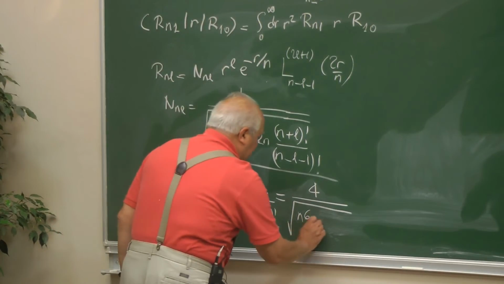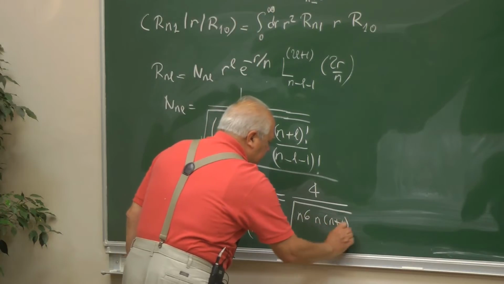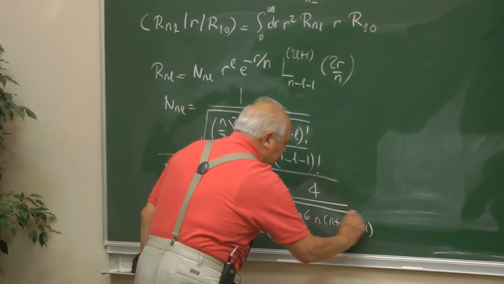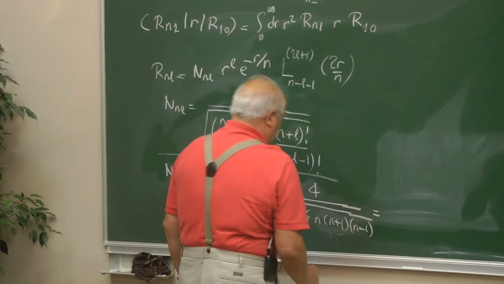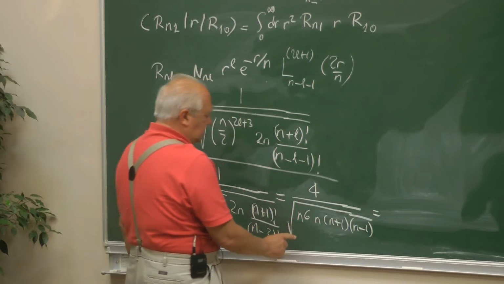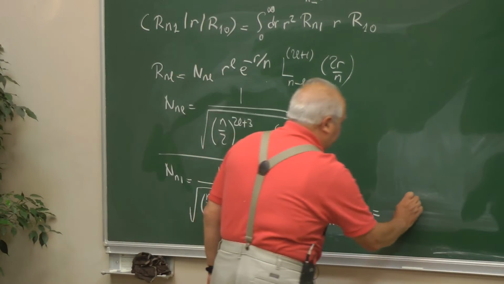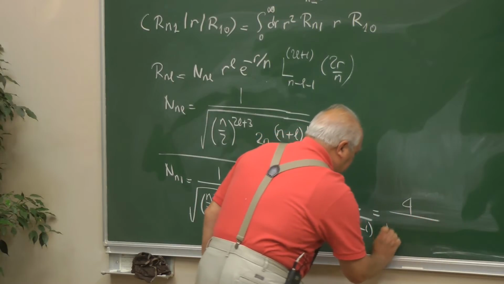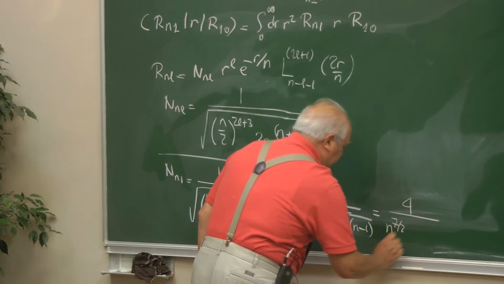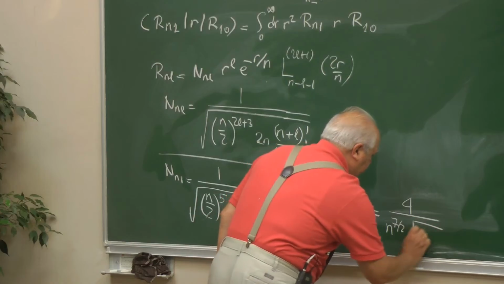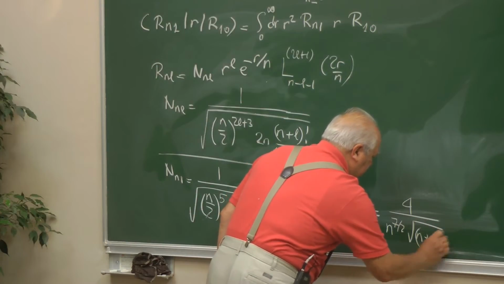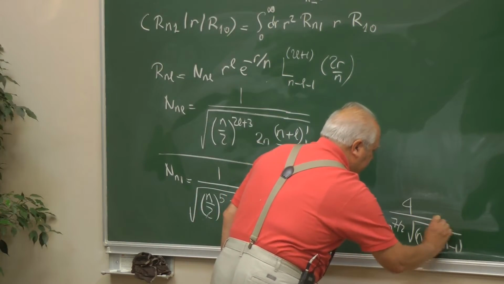So N n1 is 4 over n to the 7/2 times the square root of (n plus 1)(n minus 1).